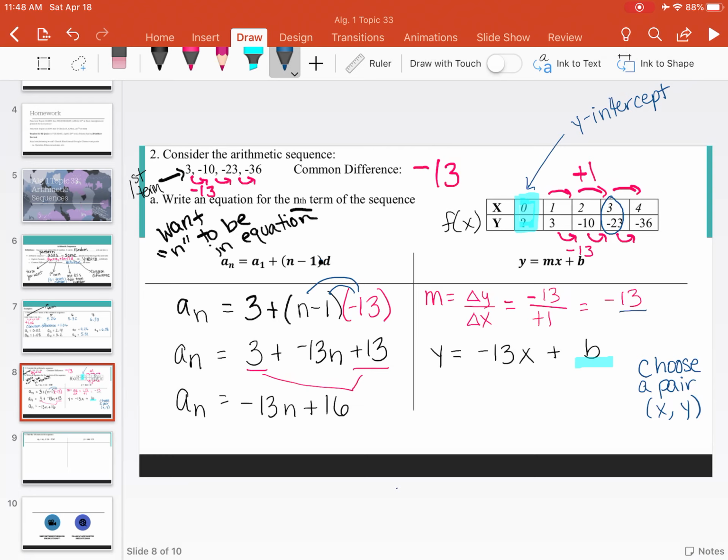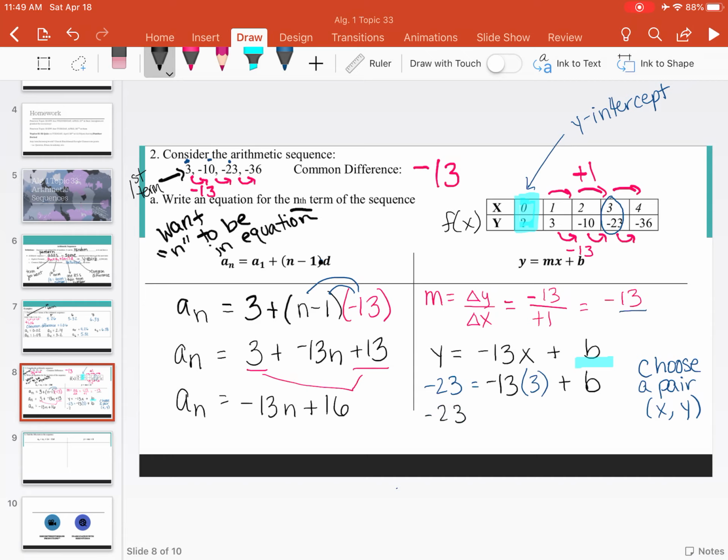So, in for y, I have negative 23 equals negative 13 times, in for x, I have 3. Now this is telling me again that negative 23 is the third term in our sequence, which we can check over here. 1, 2, 3. Yep. And then plus b. Now I have one unknown in my one equation. I will be able to solve for it.